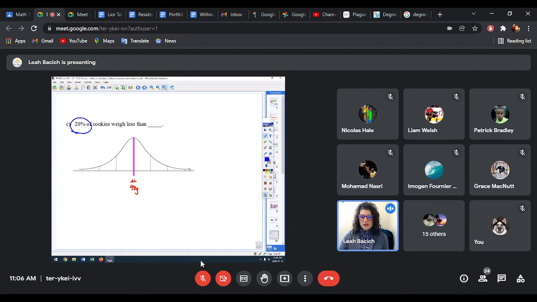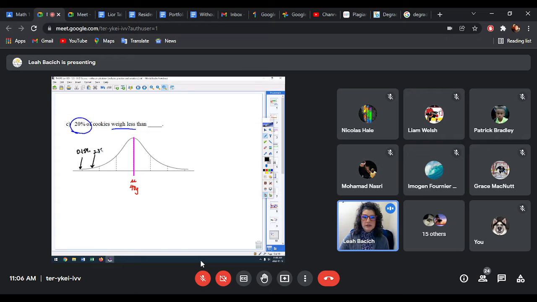So 20% of cookies weigh less, so weigh less than a certain amount. The percentage accumulates left to right. So I know, without calculating anything, that's 0.15. So you might want to have the regular bell curve on your cheat sheet for sure for your test. I would recommend that.